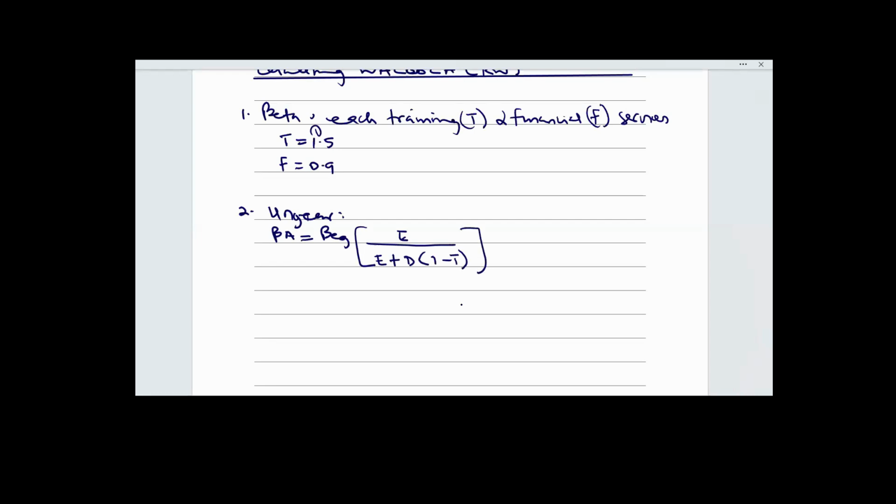For training services, I need to calculate the beta asset. The examiner told us that the debt proportion of training is 12%. It means equity is 88%. If you are given a debt equity proportion of 30%, it means debt is 30, equity is 70. If given 60%, debt is 60, equity is 40. You must know how to interpret that.